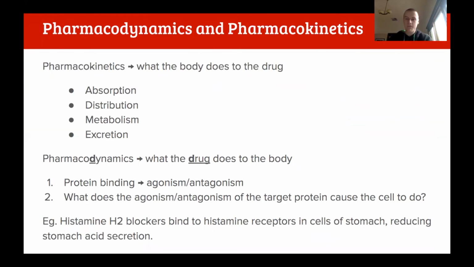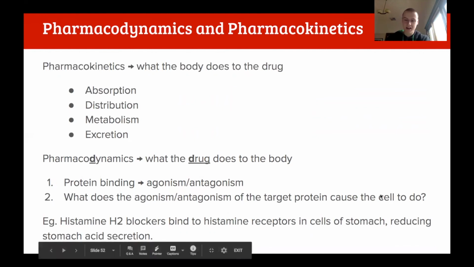They can cause that protein to do some bodily function, or they can not activate the protein, and in doing so, they block things that would activate the protein. So when we activate it, we call this agonism, and when we don't activate and we block it, we call this antagonism. And then, of course, we're talking about what is the effect of this agonism or antagonism in terms of what the target protein and within the cell then does. Little example for you down the bottom.